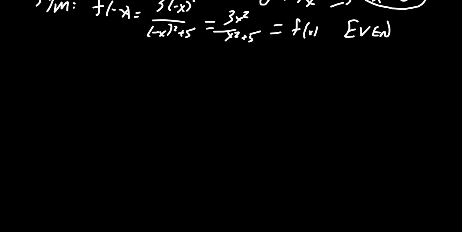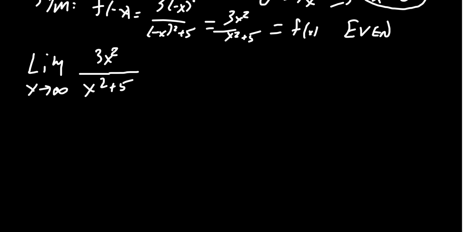In terms of end behavior, take the limit as x approaches infinity of our function 3x squared over x squared plus 5. When you have a rational function, to determine the end behavior, you want to think of who's the dominant term, like who's the fastest growing function on the top and bottom. Well, the numerator is only 3x squared, so that's what's going to be there.